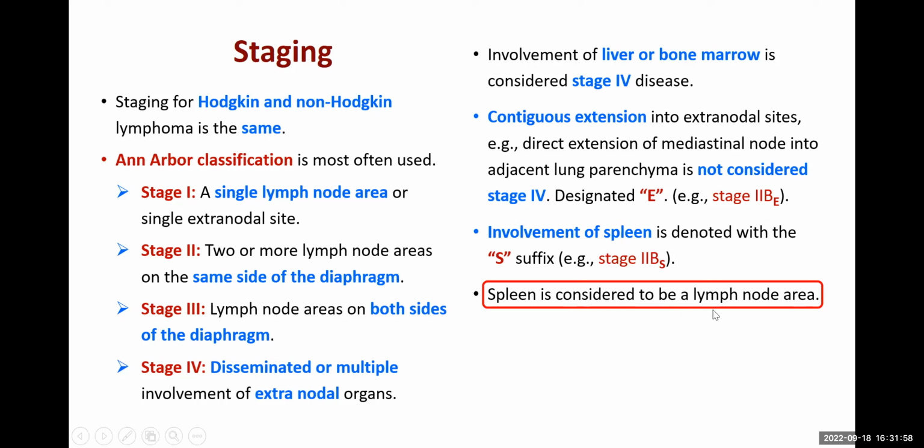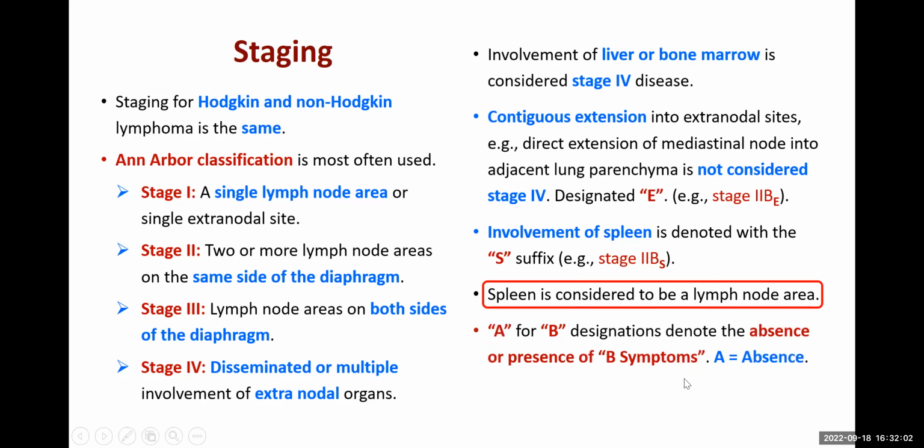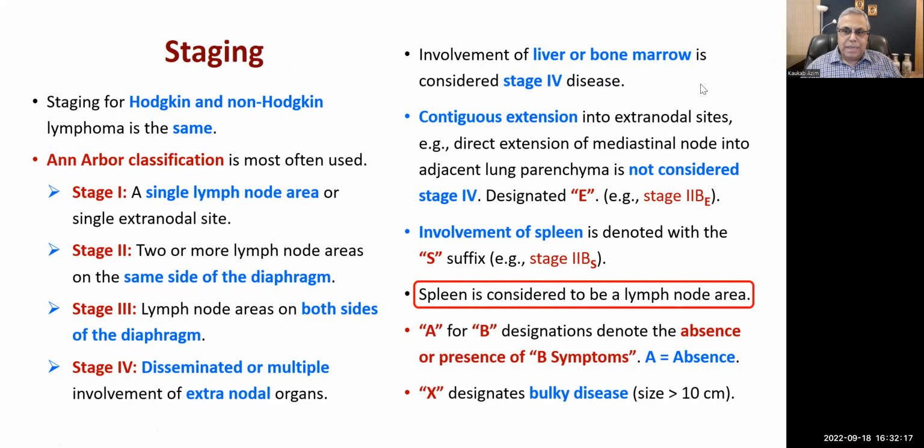Spleen is considered to be a lymph node area, as I explained to you. Now, A and B designations denote the absence or presence of B symptoms. A means absence and B means presence of B symptoms. And X designates bulky disease, and bulky disease means larger than 10 centimeters or 4 inches in size, okay?